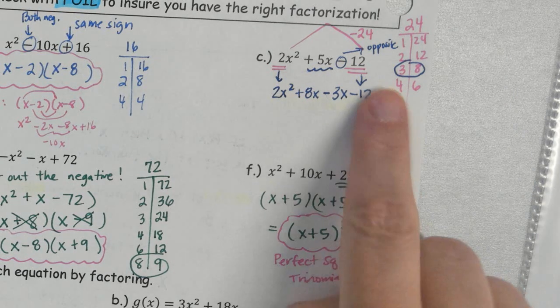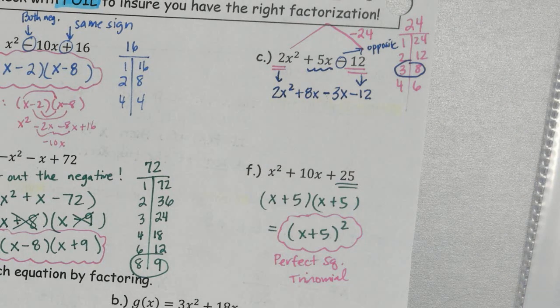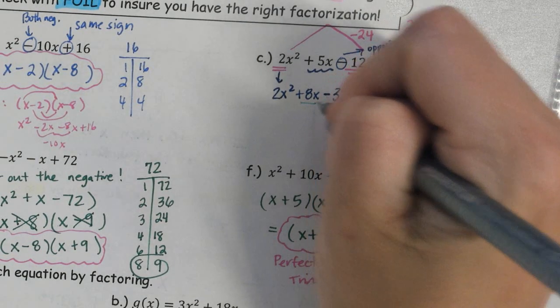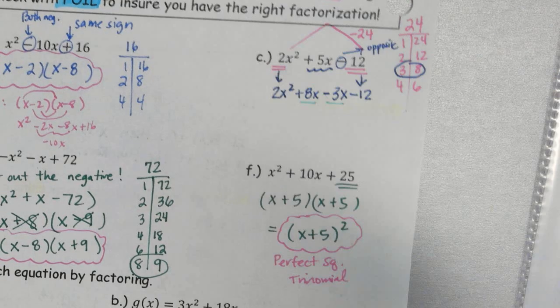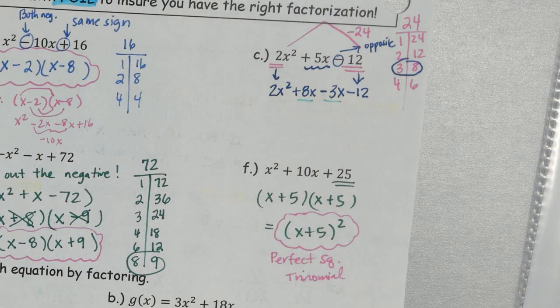So basically what this does, it helps you create this middle part here, where if you were to take 8x and negative 3x, it would simplify to 5x. And from here, you are going to do factoring by grouping.